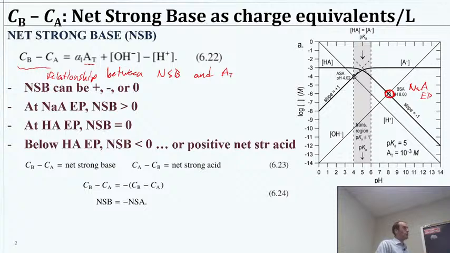By definition we have added base to get there compared to our starting point, which we will define as the net strong base being 0 when we are at the HA equivalence point, right here.